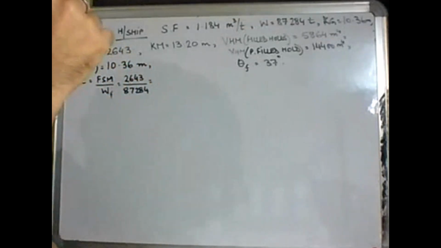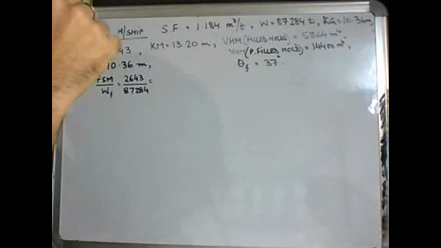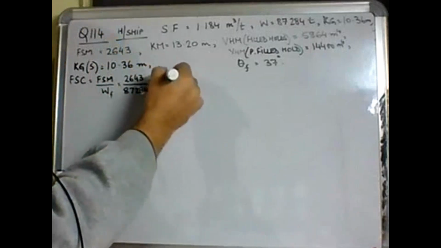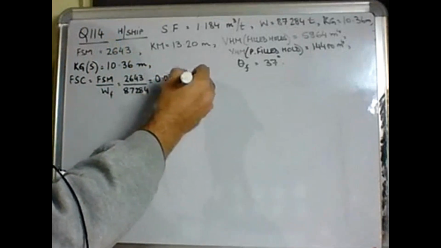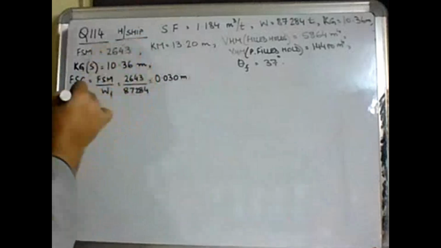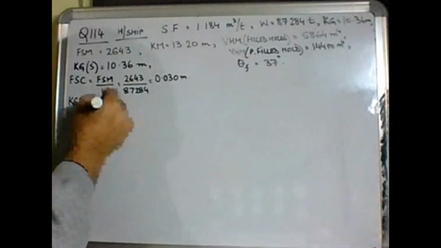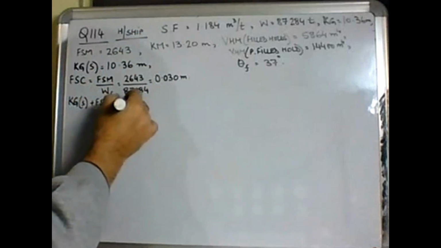So calculate FSC: 0.030. We know KG solid plus FSC gives us KG fluid.